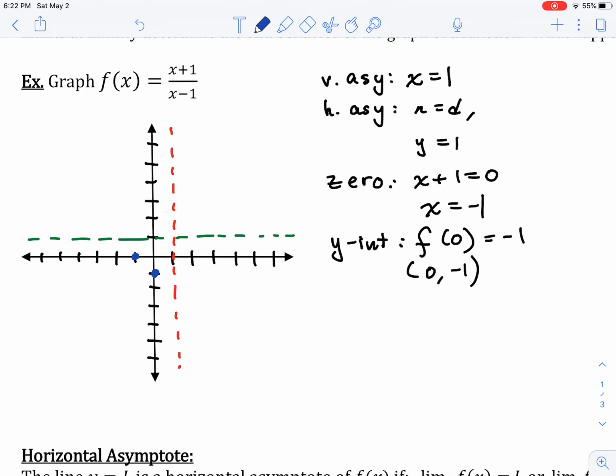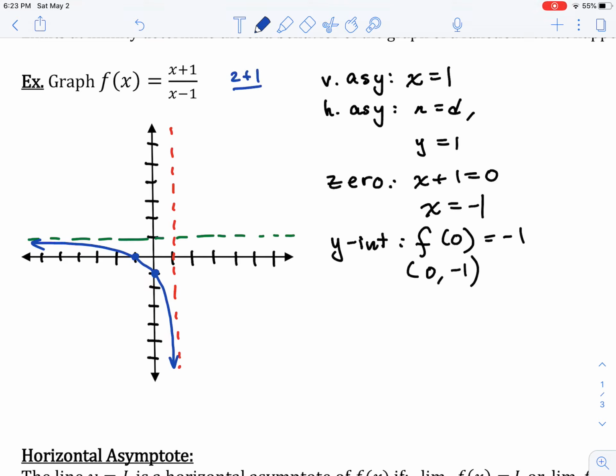So using that, let's try our best to graph this. So we've got this here, and that means this branch is going to approach this vertical asymptote. For the other branch, you can just leverage the idea that it's somewhat symmetric. So let's plug in 2.